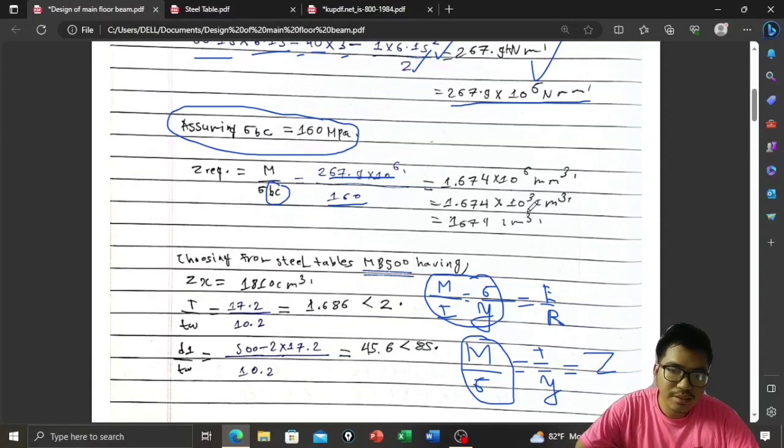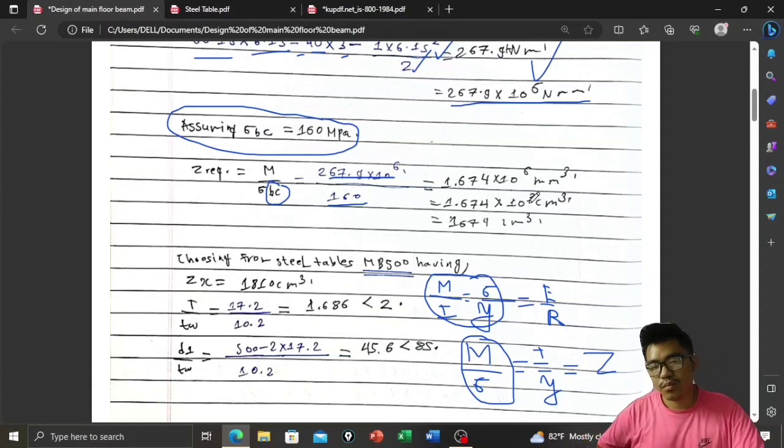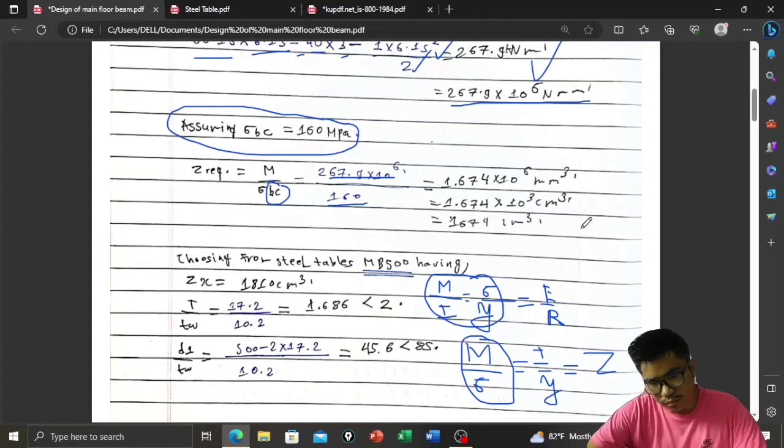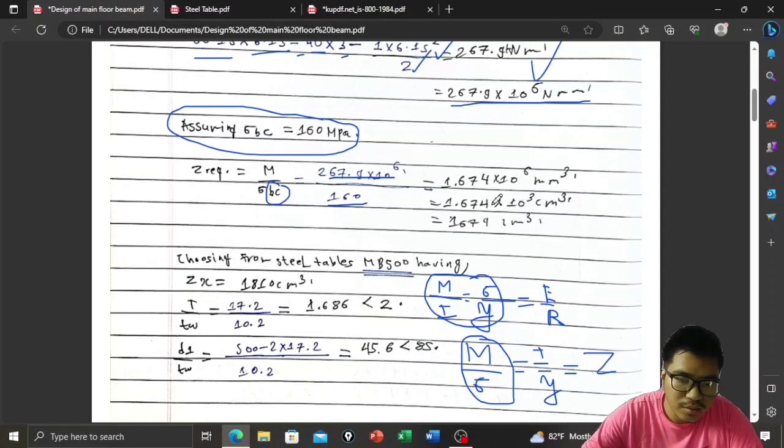To convert it into centimeter cube, we divide by 1000, so it will be 1.674 into 10 power 3 centimeter cube, that is 1674 centimeter cube.